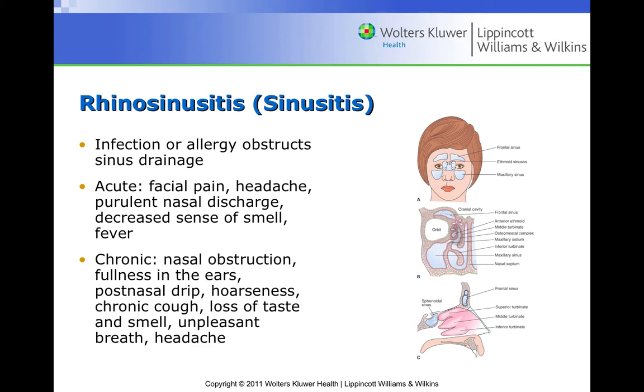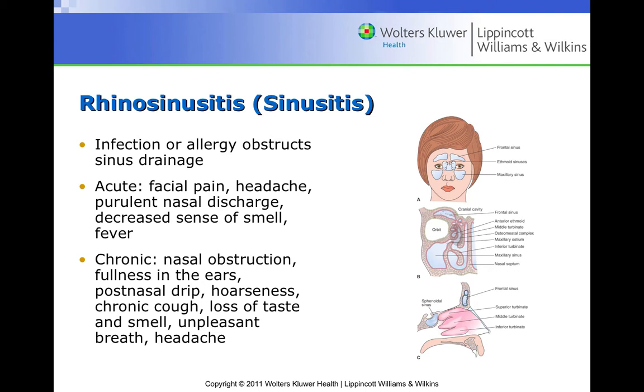It can be acute, subacute, or chronic, but basically the signs and symptoms are facial pain and headache. There is generally a purulent nasal discharge, pain on moving the head, particularly when bending over. Additionally, there may be maxillary pain or teeth pain.